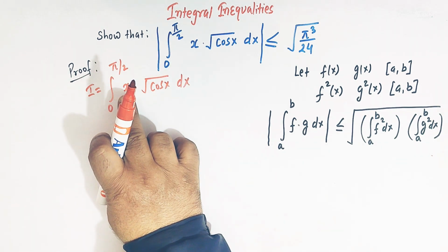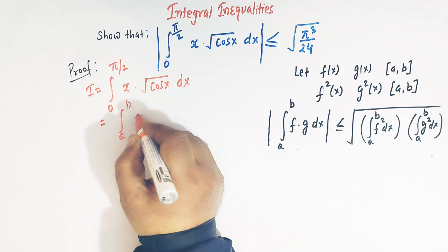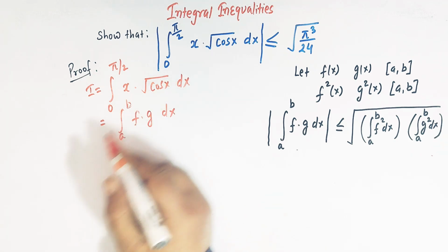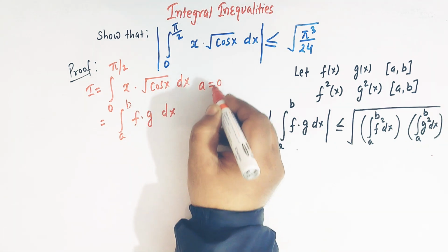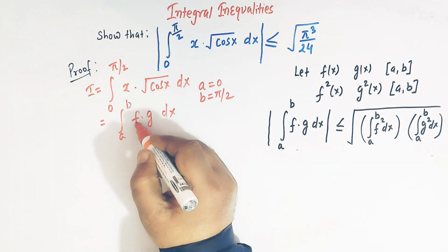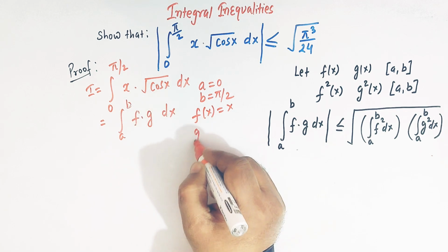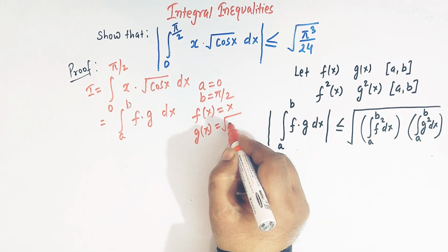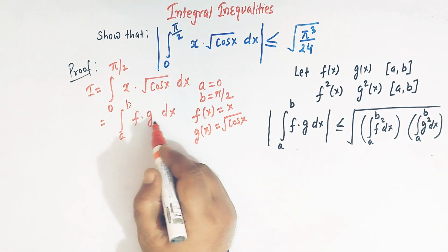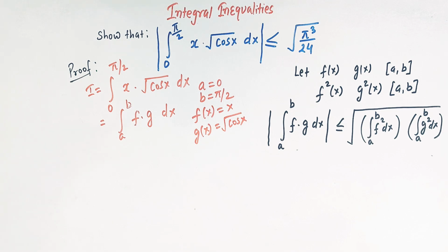If we compare this integral with the integral from a to b of f times g dx, we can easily see that a is 0, b is pi by 2, the lower limit is 0, the upper limit is pi by 2, and the function f may be taken as x, and g of x as square root of cosine x. We may also interchange the functions, taking g of x as x and f of x as square root of cosine x.